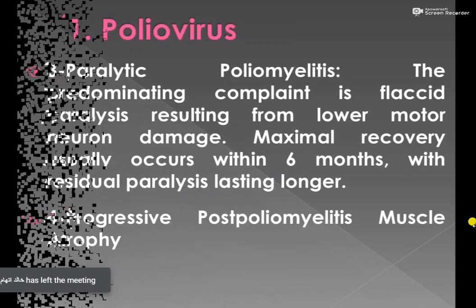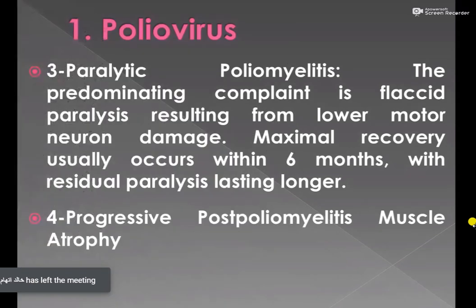The third, which is the least common, only in 1%, is paralytic poliomyelitis. The predominating complaint is flaccid paralysis. There are two main types of paralysis, spastic and flaccid. Flaccid is due to damage of the lower motor neurons. Maximum recovery could occur within 6 months.